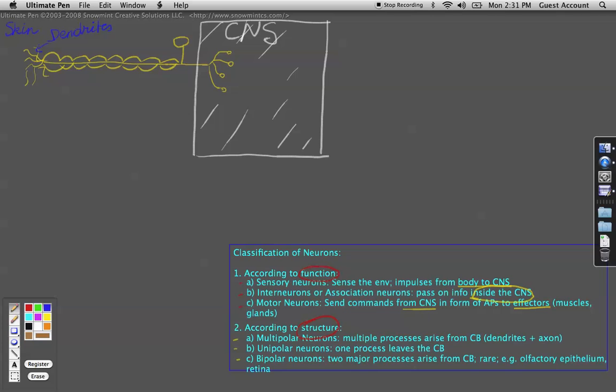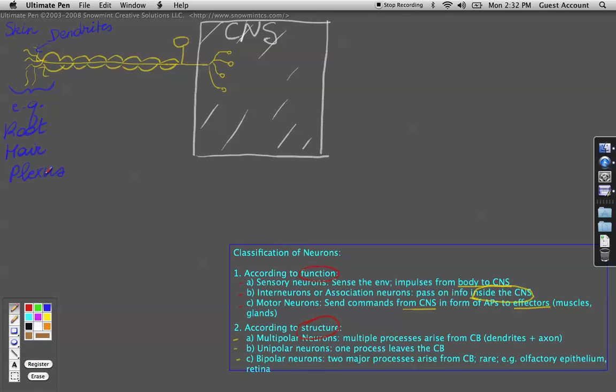Let's pretend that that's what we're looking at. You could pretend that these dendrites represent the root hair plexus that we see around the root of a hair follicle. I'm trying to talk and write at the same time.